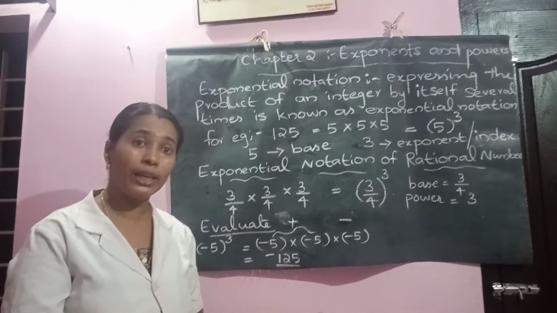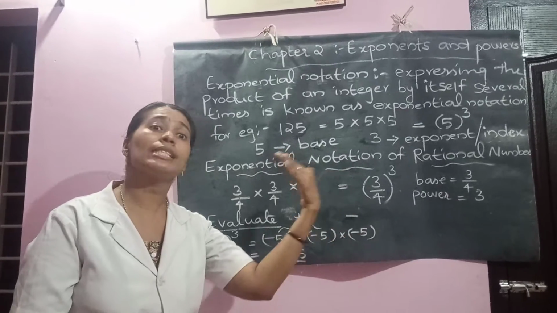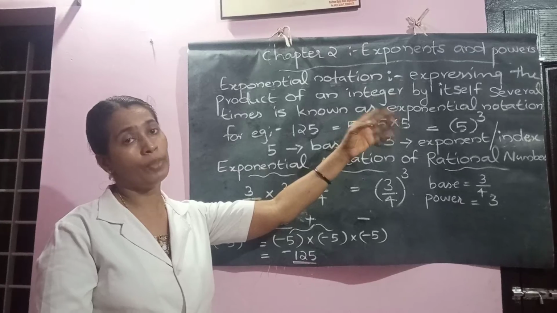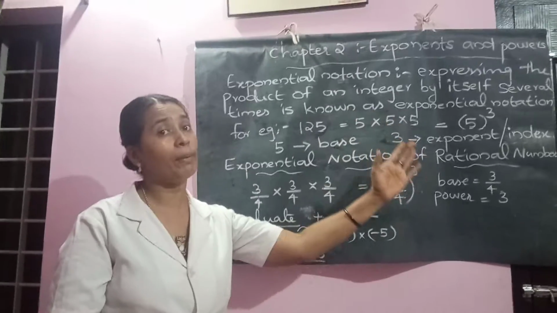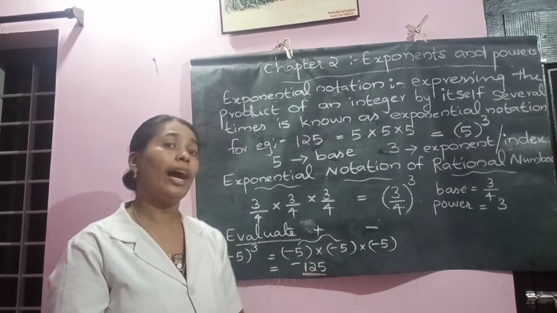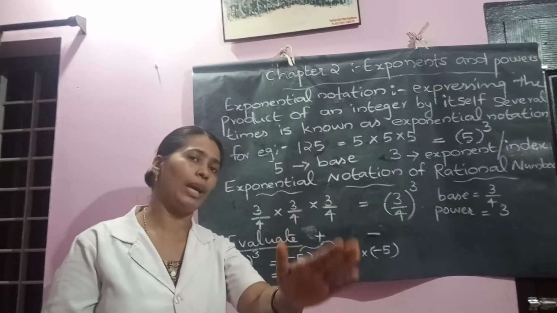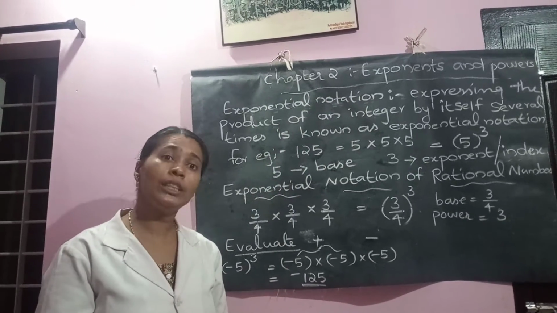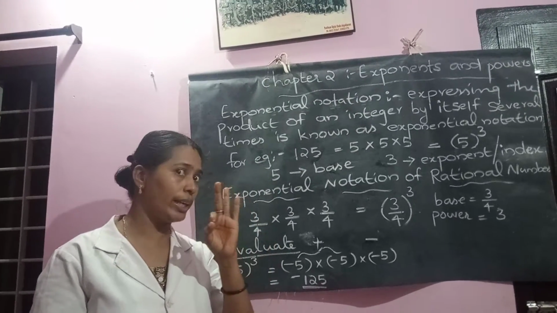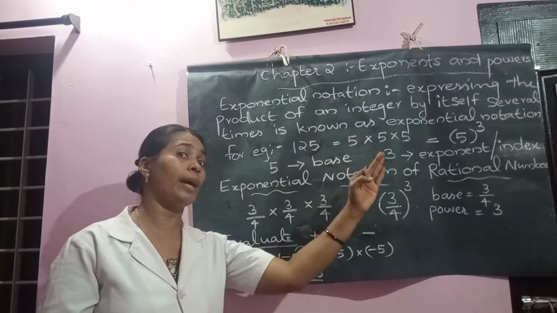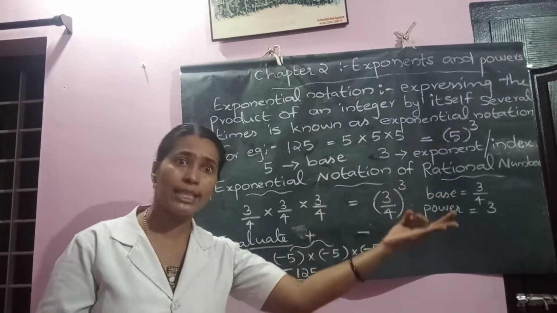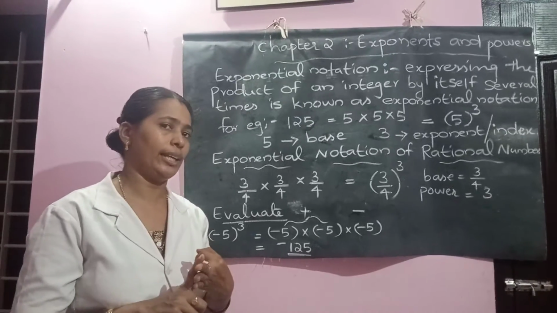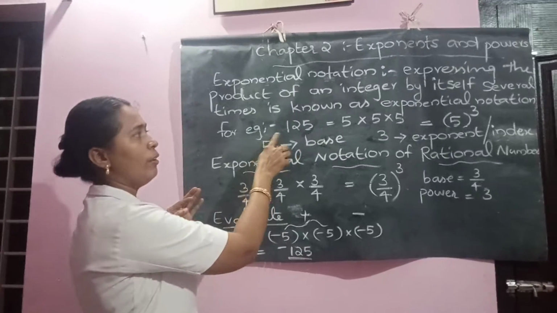Product of numbers with itself several times is called exponential form, and the number used for multiplication is called base, and how many times it is multiplied is called exponents or powers or index. There are three names for it. How many times a particular number is multiplied with itself is called power or exponent or index. Let us see one example.